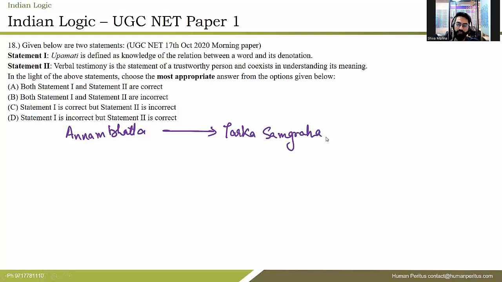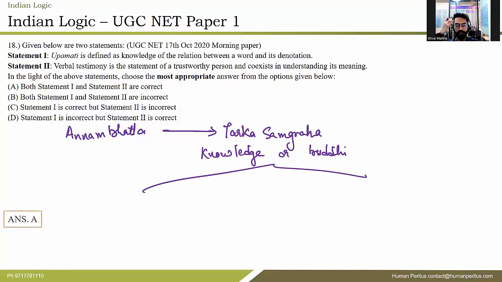In this book, he has broken down knowledge or buddhi into two different classes. Those two major classes are pratyaksha and anumiti.